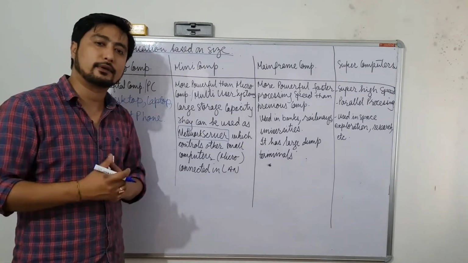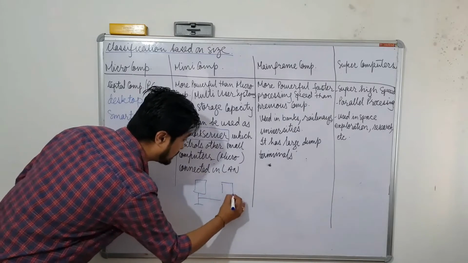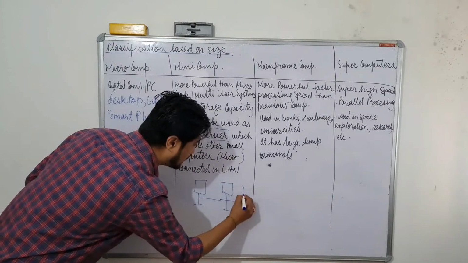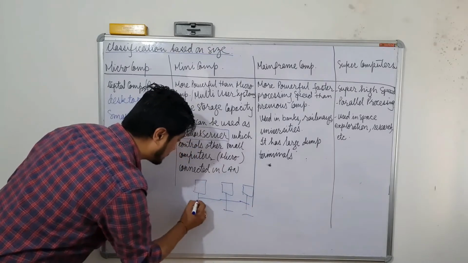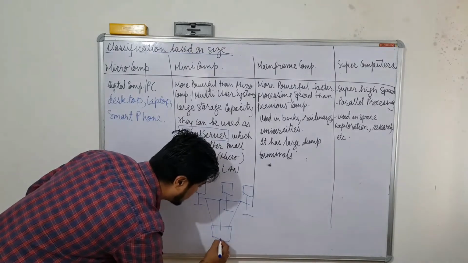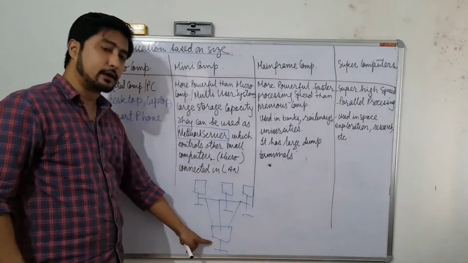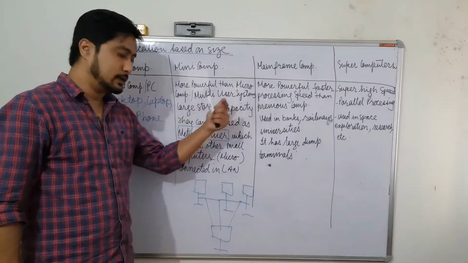LAN means the computers which are connected in a network. Suppose this is one computer, this is another computer, and this is another computer, and all these computers are controlled by a big computer that is known as a mini computer. So that means it is a multi-user system.